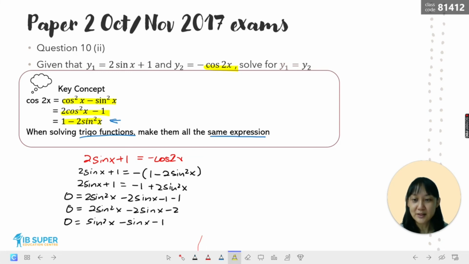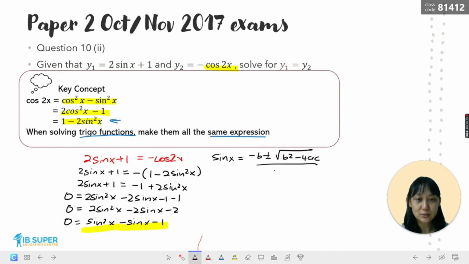You can tell from this expression that it's quite hard to factorize. So we have to use the quadratic formula to solve this. So sine of x here equals minus b plus minus square root of b squared minus 4ac, over 2a. Right, b is actually minus 1. So minus (-1) plus minus square root of (-1) squared minus 4(1)(-1), over 2 times 1.